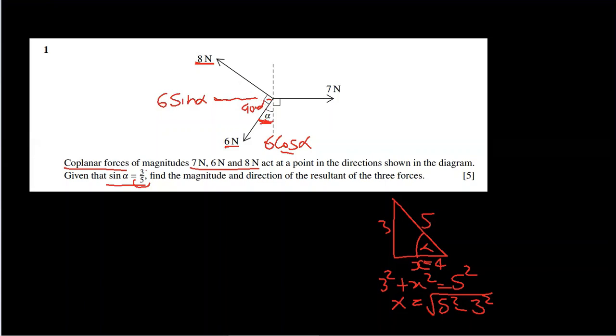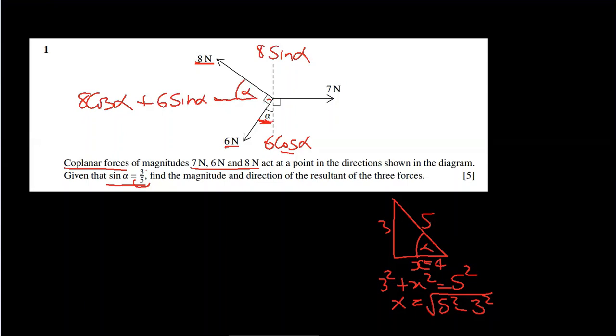So let me undo and make it cleaner. And we know that this angle is also alpha. So now we can write the components of 8 Newton. Here it will be 8 cos alpha because the angle is here. This becomes 8 sine alpha, right?